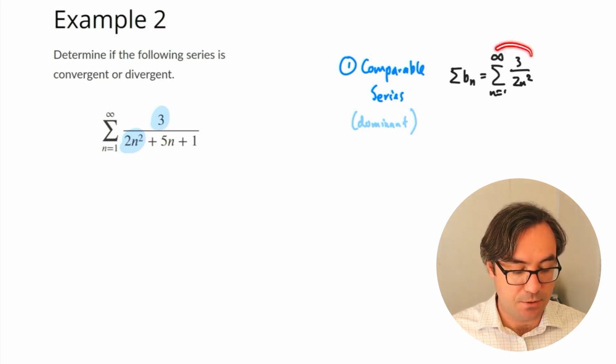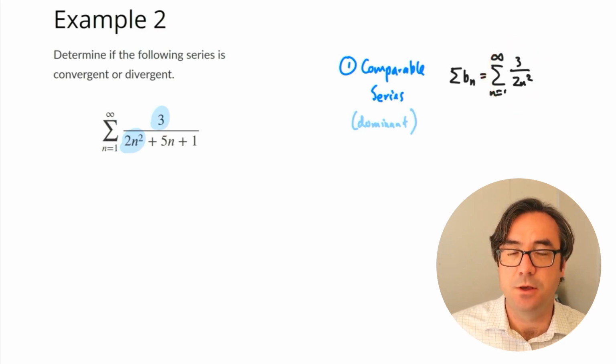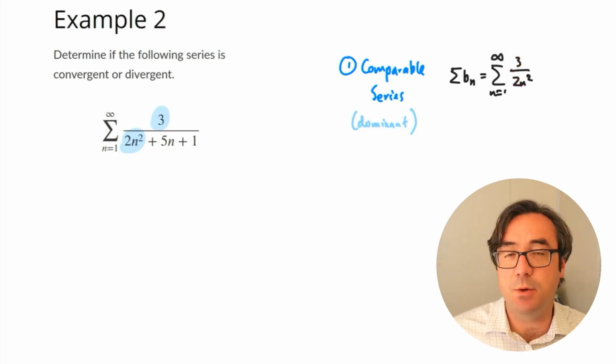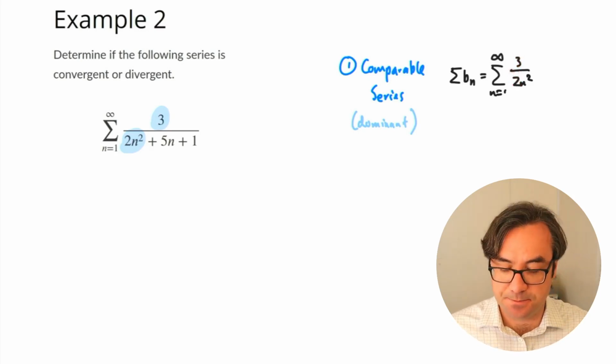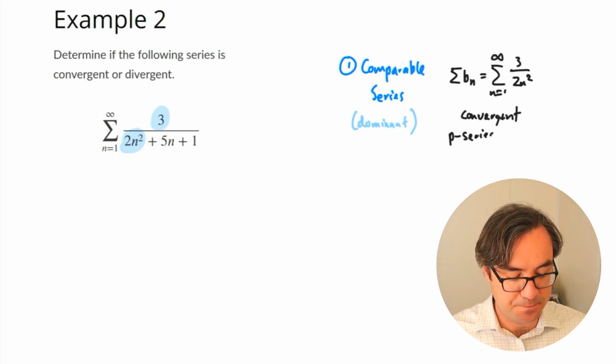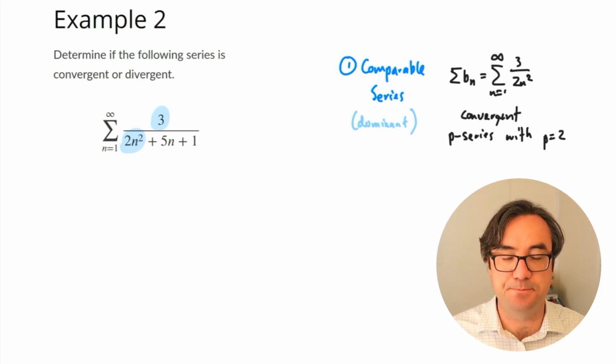When we look at this, this is a p-series with a constant multiple. We have this constant multiple 3 over 2, but we're just multiplying a p-series. So this is a convergent p-series with p equal to 2.